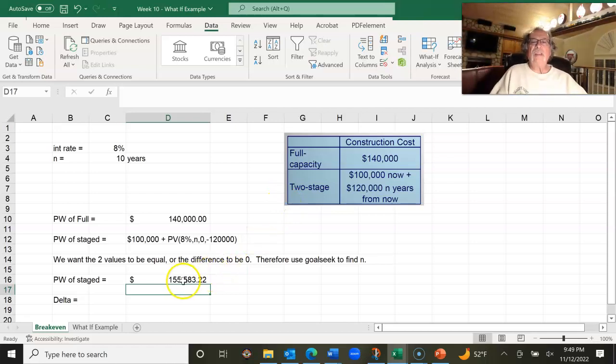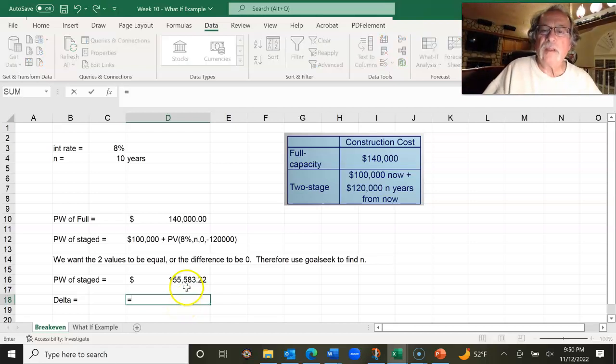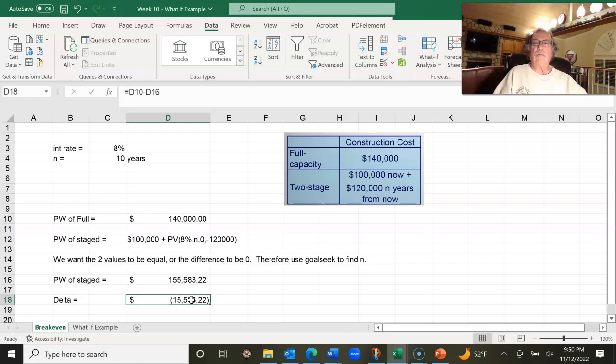And so if our life was 10 years, we would be spending a present amount of $155,000 in two-stage construction. We want it to be $140,000, so we need to take this difference. We have a difference of $15,500, and we want this difference to be 0.